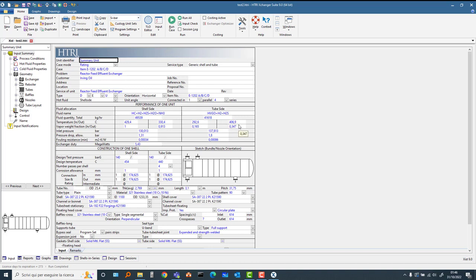That means that the outlet temperature of the cold side fluid, 400 degrees, is higher than the outlet temperature of the hot side fluid. This is called a temperature cross. In order to accommodate a temperature cross for a multiple pass heat exchanger, it is necessary to put exchangers in series.